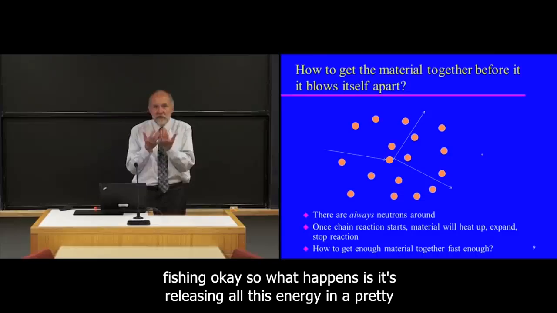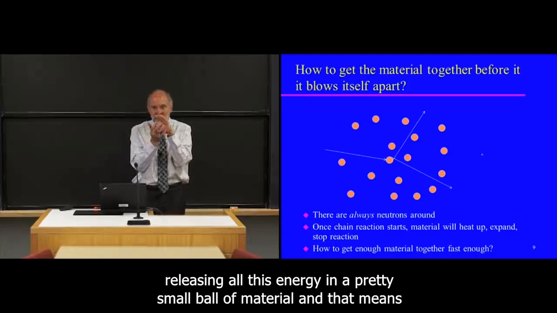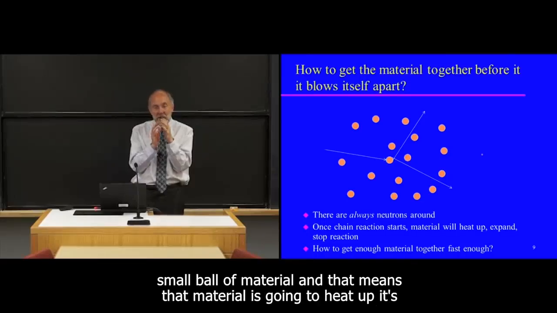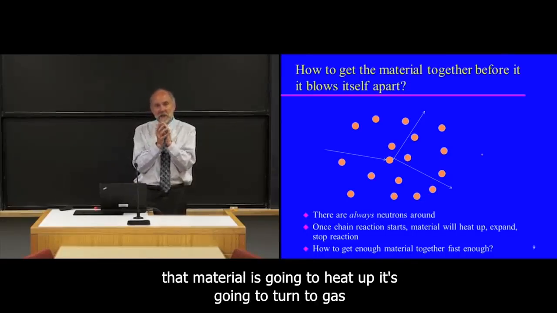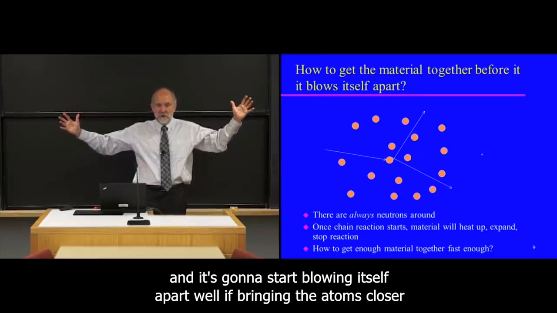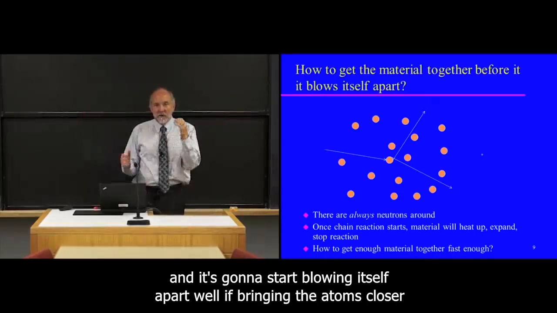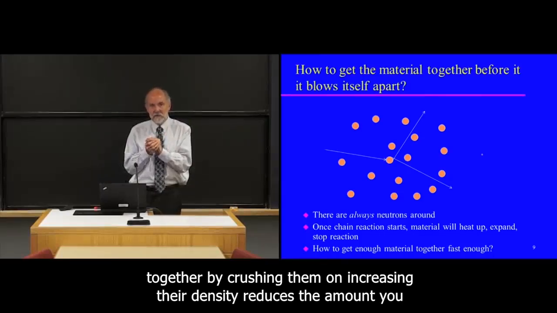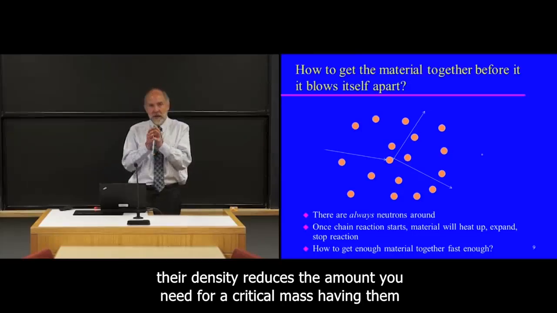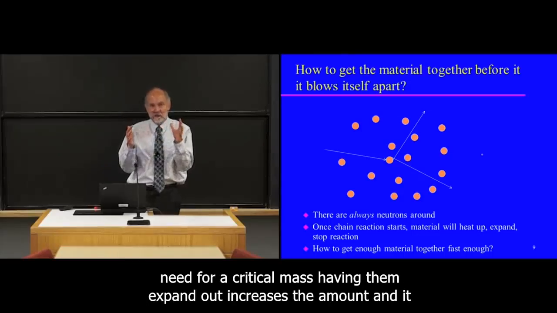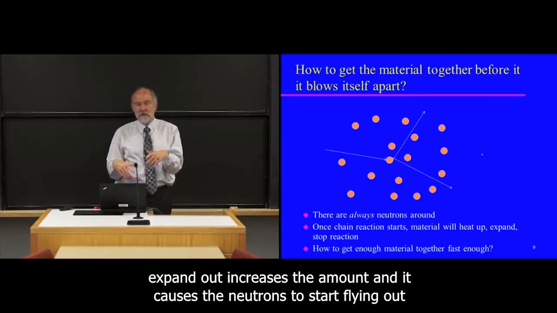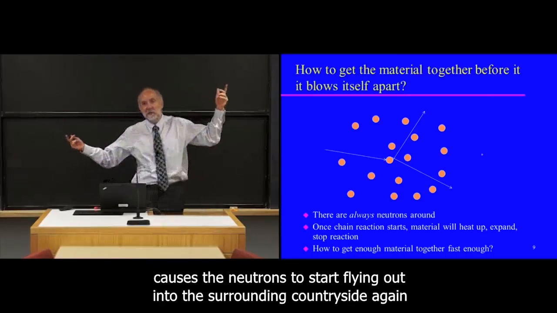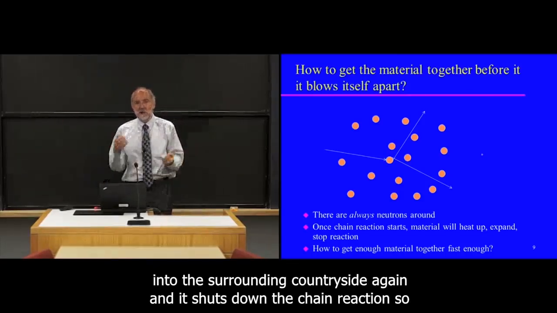What happens is it's releasing all this energy in a pretty small ball of material. And that means that material is going to heat up, turn to gas, and start blowing itself apart. Well, if bringing the atoms closer together by crushing them and increasing their density reduces the amount you need for a critical mass, having them expand out increases the amount, and it causes the neutrons to start flying out into the surrounding countryside again, and it shuts down the chain reaction.